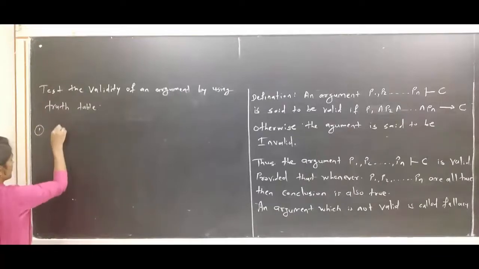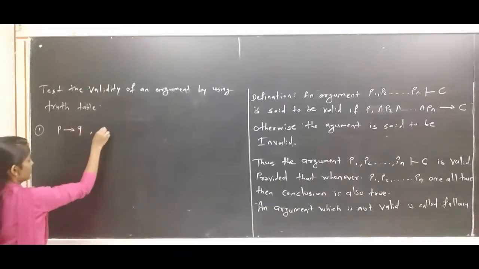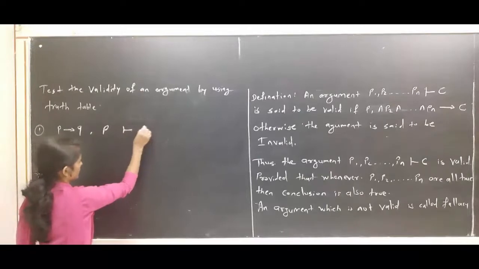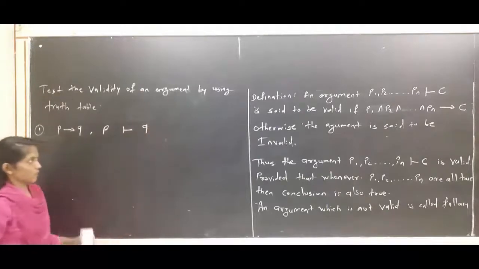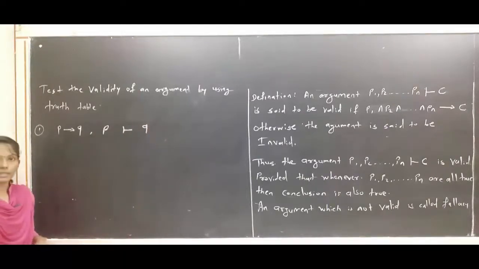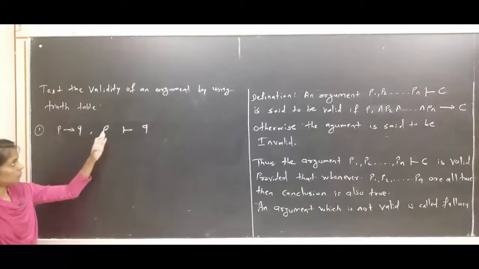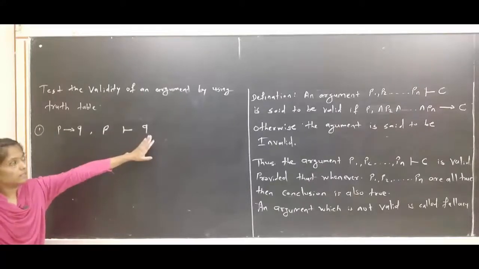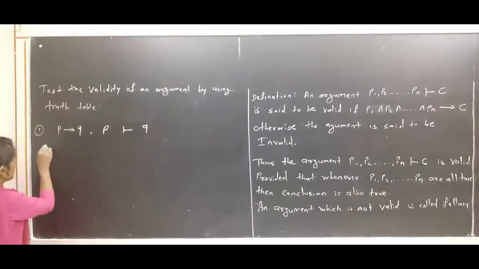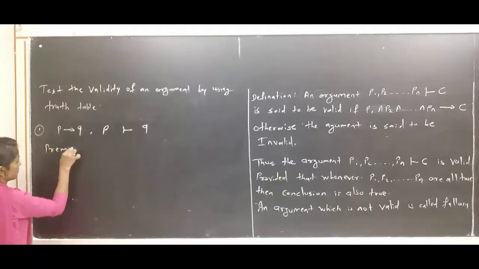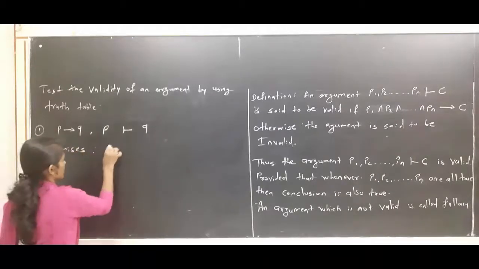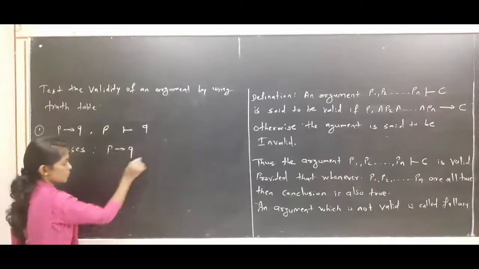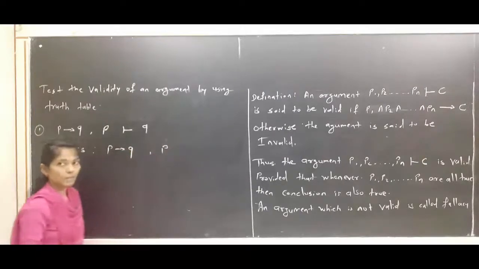First, P implies Q and P yields Q. So here the argument is given: P implies Q, P, therefore Q. Here the premises are P implies Q, the first premise, and P, the second premise.